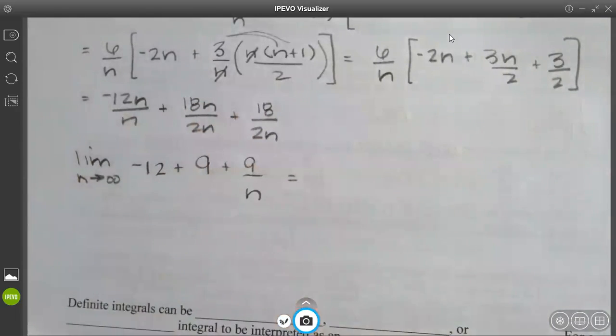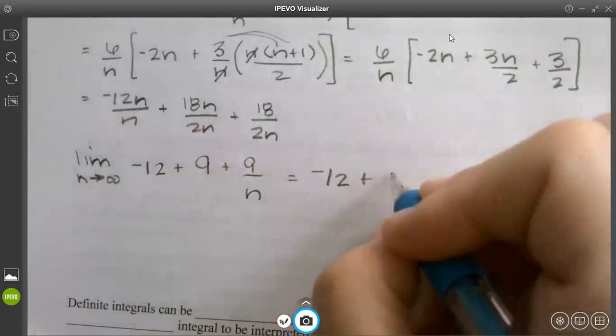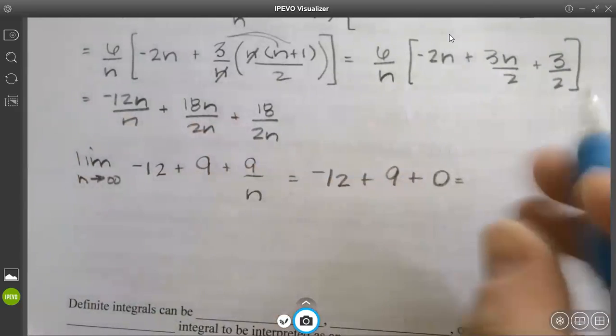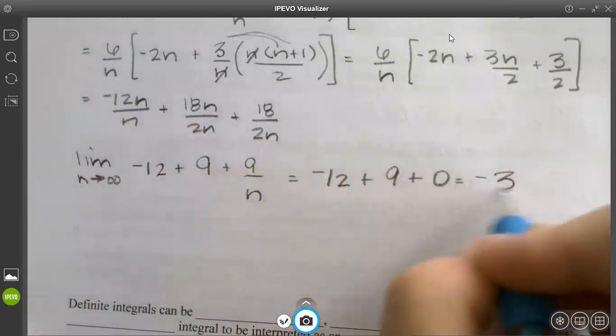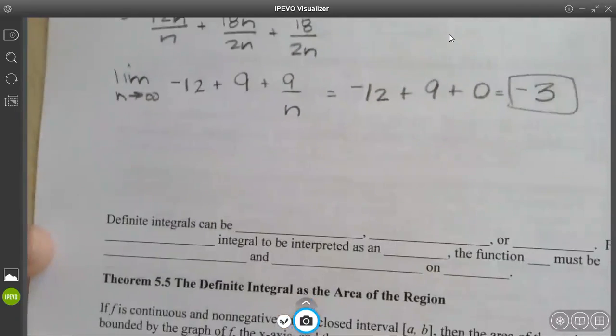What's the limit of -12? The limit of 9? The limit of 9 over n, which gives me -3. That's it. So it's the exact same thing. That just put BA on your interval on your integral. That's it. So the same exact thing.